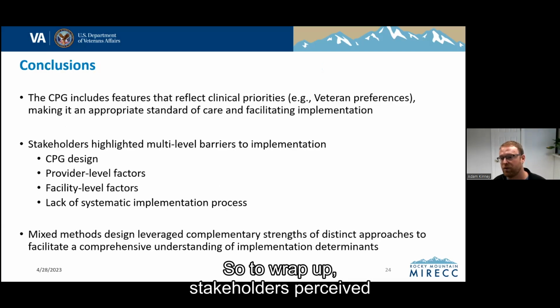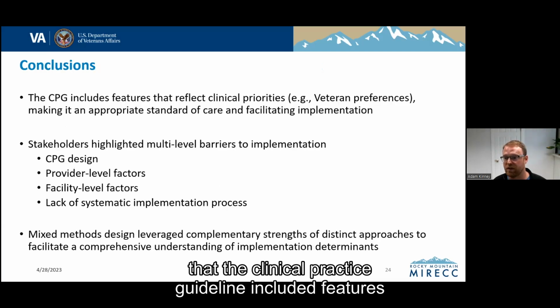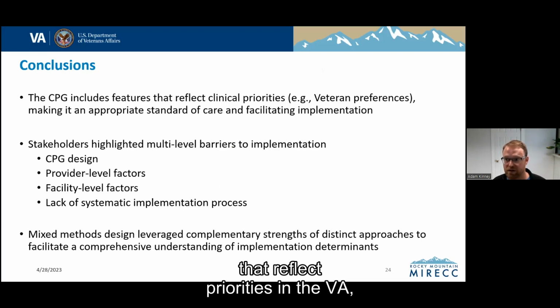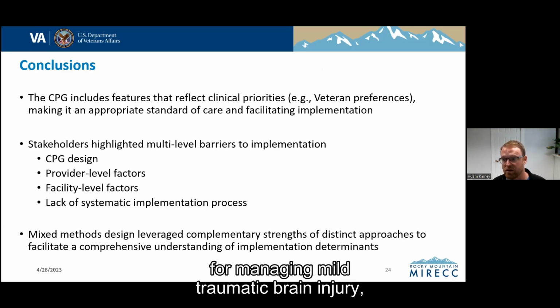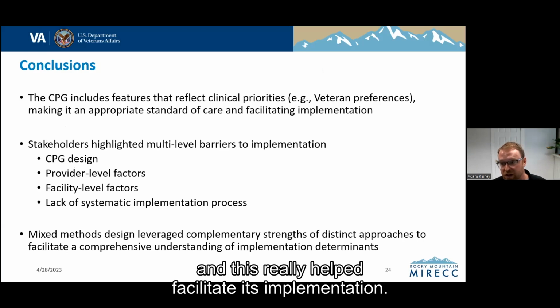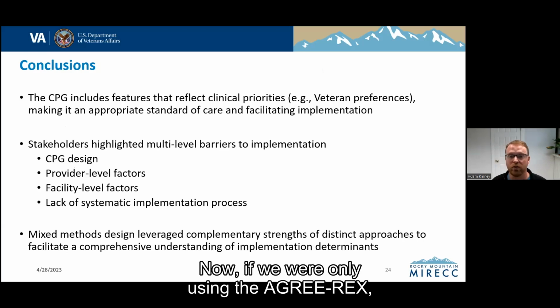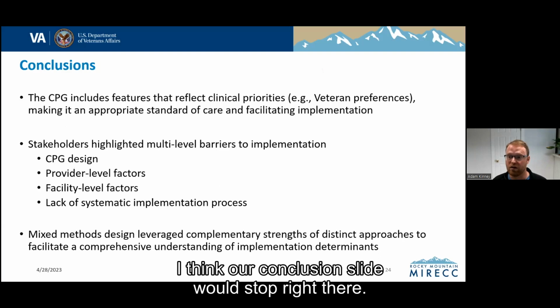So to wrap up, stakeholders perceived that the clinical practice guideline included features that reflect priorities in the VA and that it should be used as a standard of care for managing mild traumatic brain injury, and this really helped facilitate its implementation. Now, if we were only using the AGREE recs, I think our conclusion slide would stop right there.